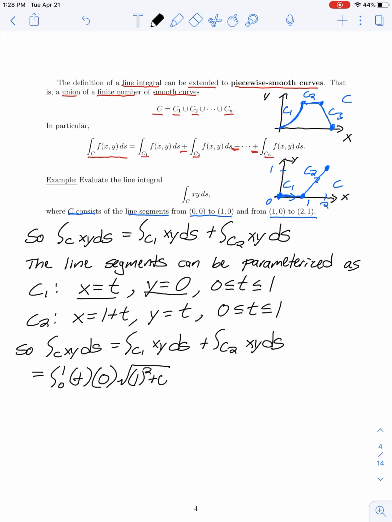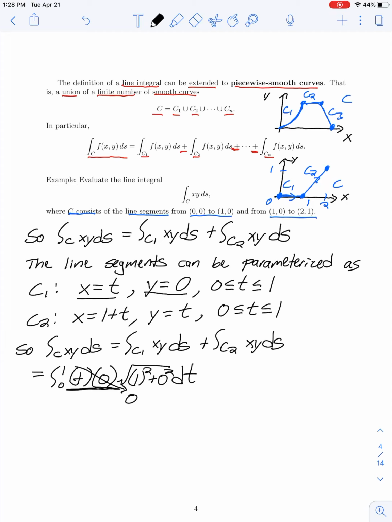So in this case, 1 squared plus 0 squared dt. So notice that since y equals 0 on that curve, this product x times y is 0. So our integral over that first line segment, C1, is 0, since the y value for any point on that line segment was 0.